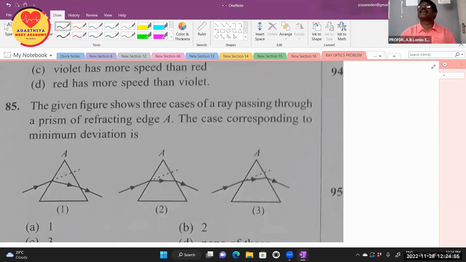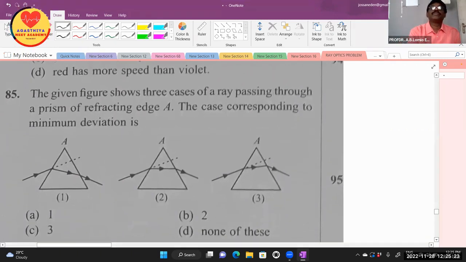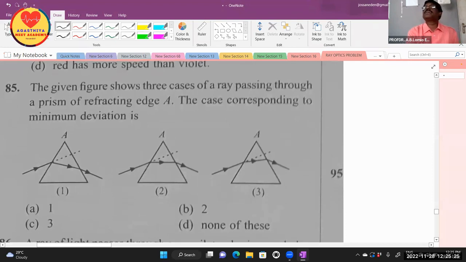Students, see the next problem. A given figure shows three cases of ray passing through a prism of refracting angle A. The case corresponding to the minimum deviation is. In the three cases, the prism is given.